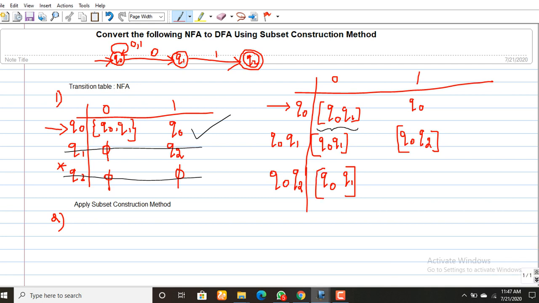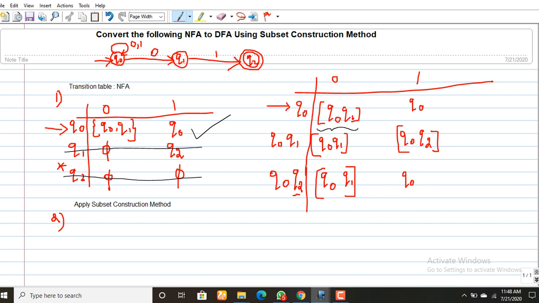Next, on receiving 1, Q0 retains the same state, and from Q2 there is no transition for 0 as well as 1, so phi. Q0 concatenated with phi gives Q0 only.